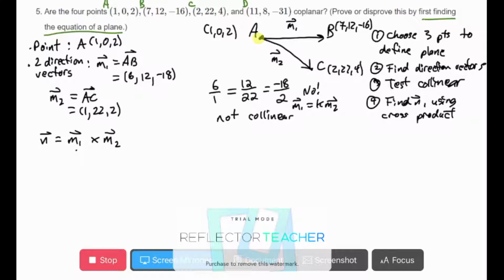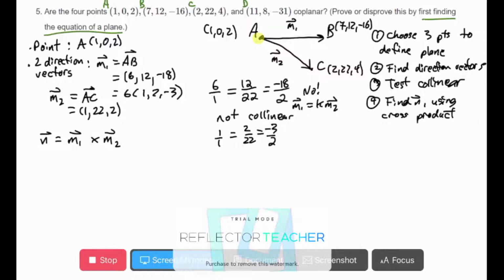So after I defined my direction vector m1, what I could do is notice that I could factor out the 6. And I can just use this vector instead. And so I could redo my collinear test. I guess I might as well. 1 over 1 equals 2 over 22 equals negative 3 over 2. Once again, not collinear, not scalar multiples of each other.